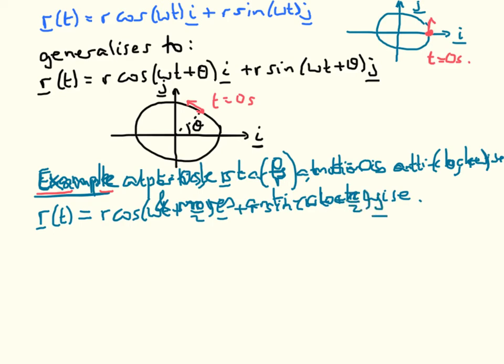So that's our position vector, and in principle we could leave it like this, but because pi over 2 is a special angle and the cosine of pi over 2 is 0 and the sine of pi over 2 is 1, it's possible to rewrite this rather simply. So you can do this either from your knowledge of what the cosine and sine graphs look like, or you can use the composite angle formulae to rewrite this and this.